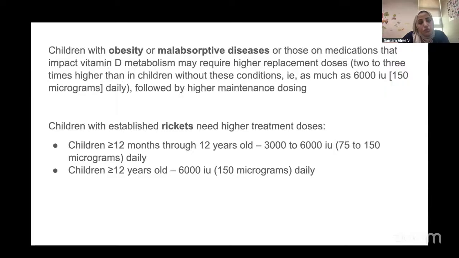Children with established rickets, meaning severe deficiency, also need higher treatment doses. For 1 to 12 years old, we start them on 3,000 to 6,000 international units, and children over 12 years at 6,000 international units daily.